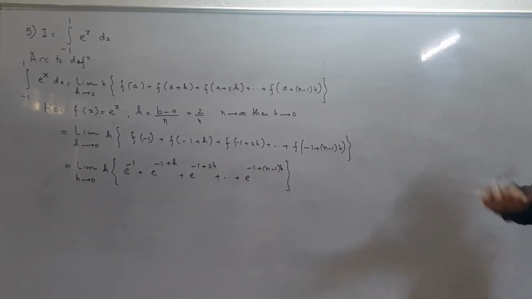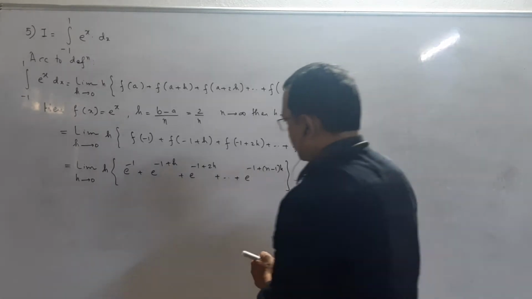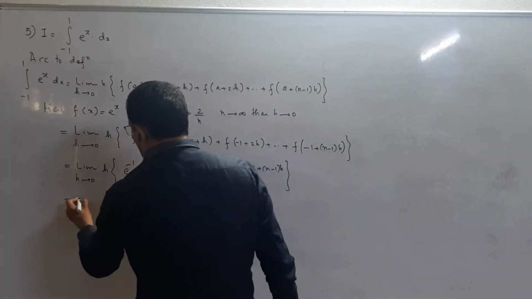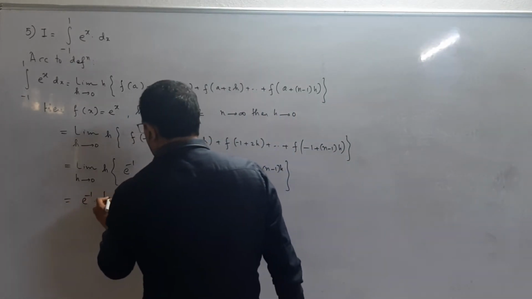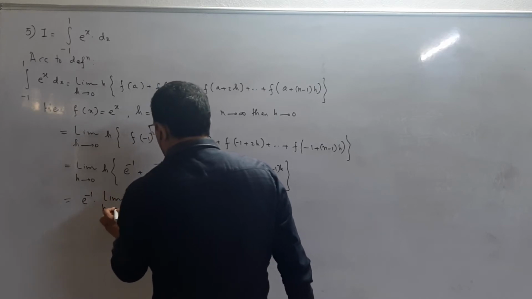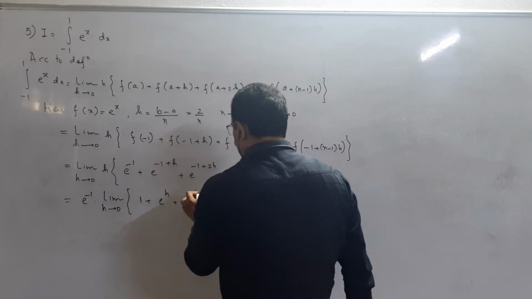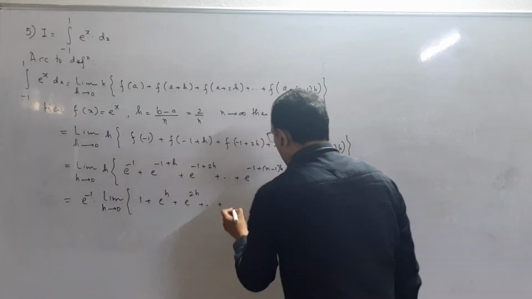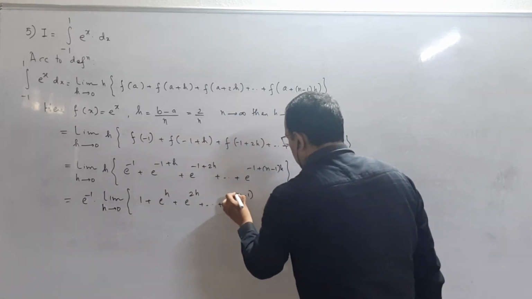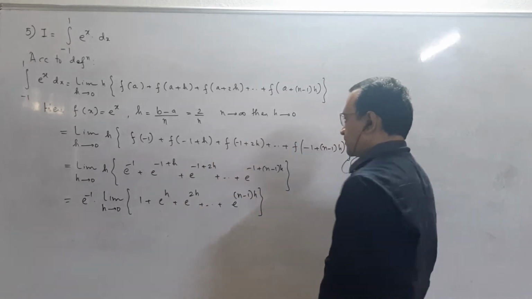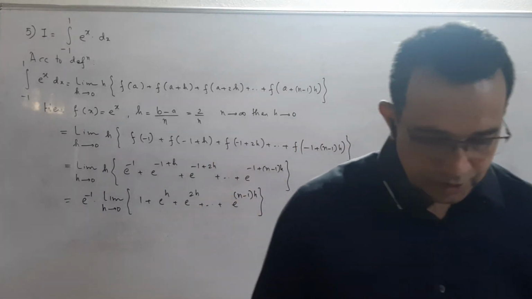Now students, throughout e inverse is common. In that I am taking outside limit e inverse, limit h tends to 0, 1 plus e raised to h, e raised to twice h, up to e raised to n minus 1 into h.